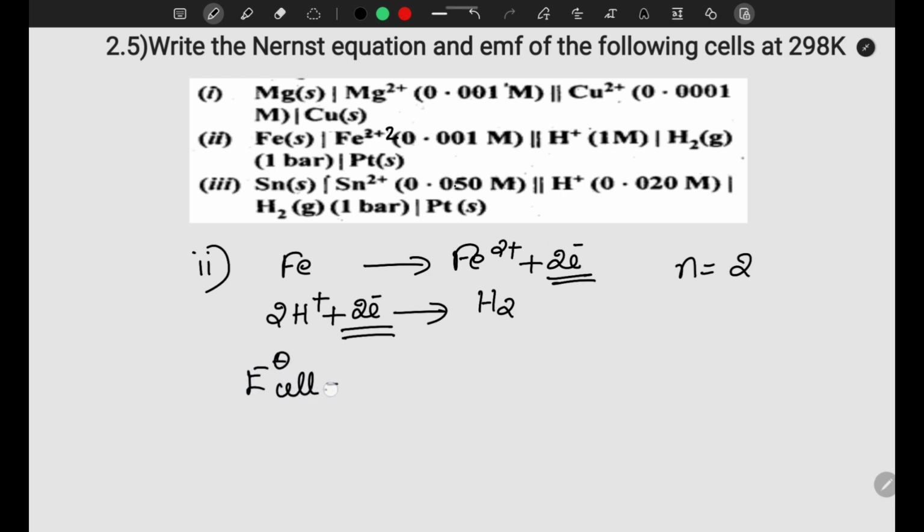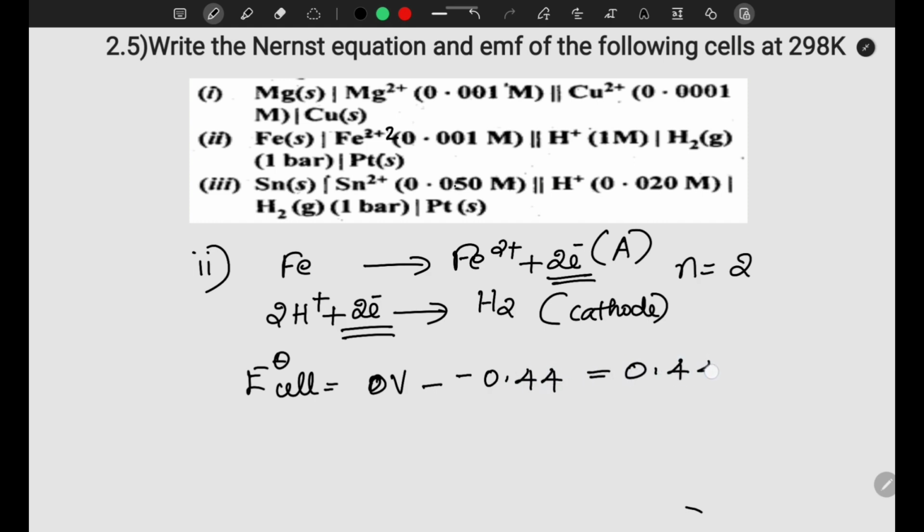So reduction potential of hydrogen electrode, hydrogen is the cathode and iron is the anode. So reduction potential of cathode is equal to 0.0 volt. Hydrogen's potential is 0 volt, and the potential of iron is minus 0.44. So we will get plus 0.44 volt.